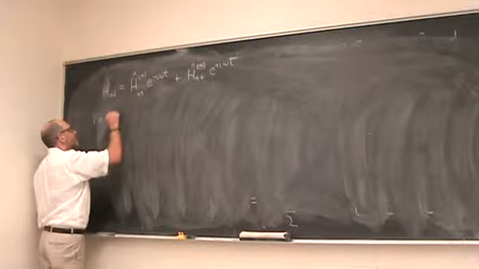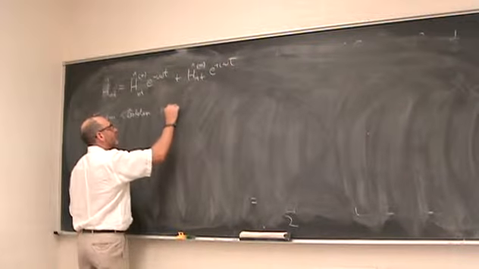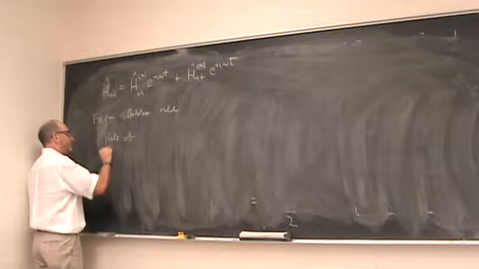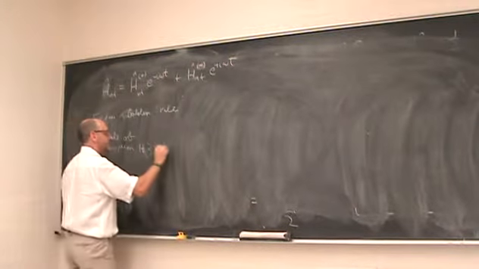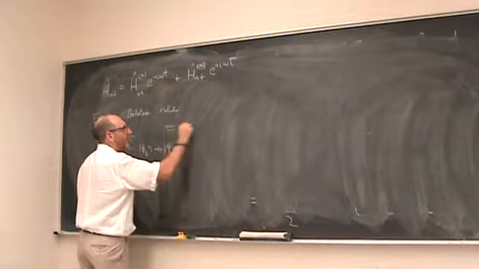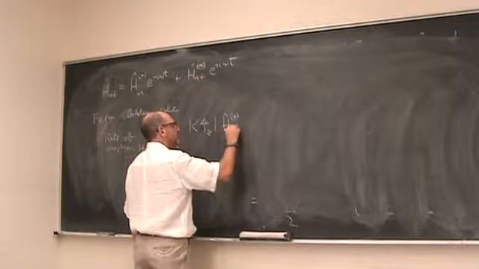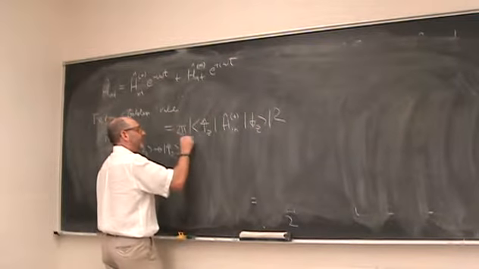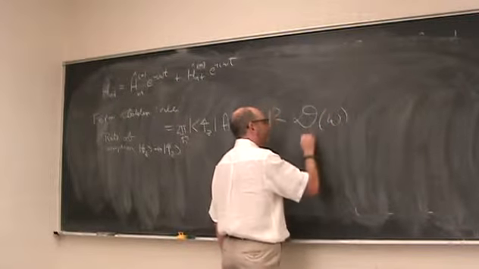Fermi's golden rule says that the rate of absorption, say going from spin down to spin up, is given by the matrix element for absorption, some factors here, and then there's some density of states evaluated at the resonance frequency.